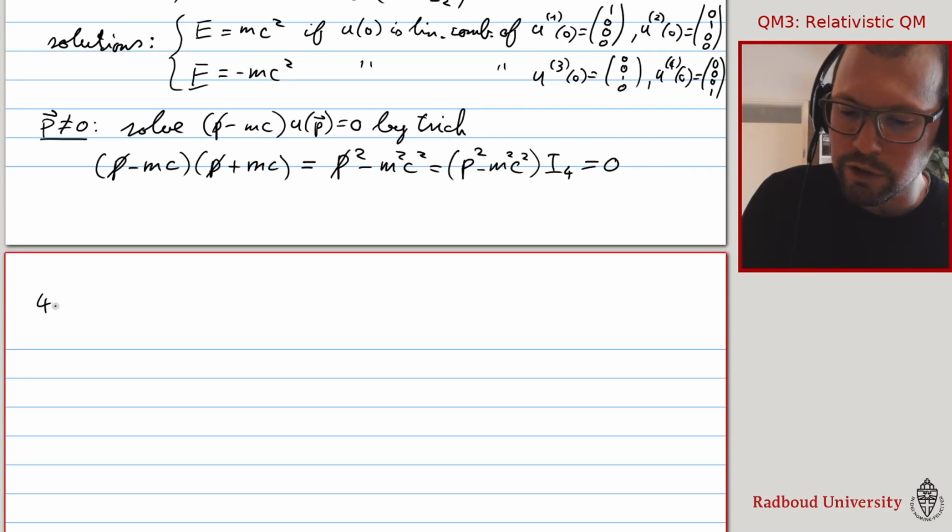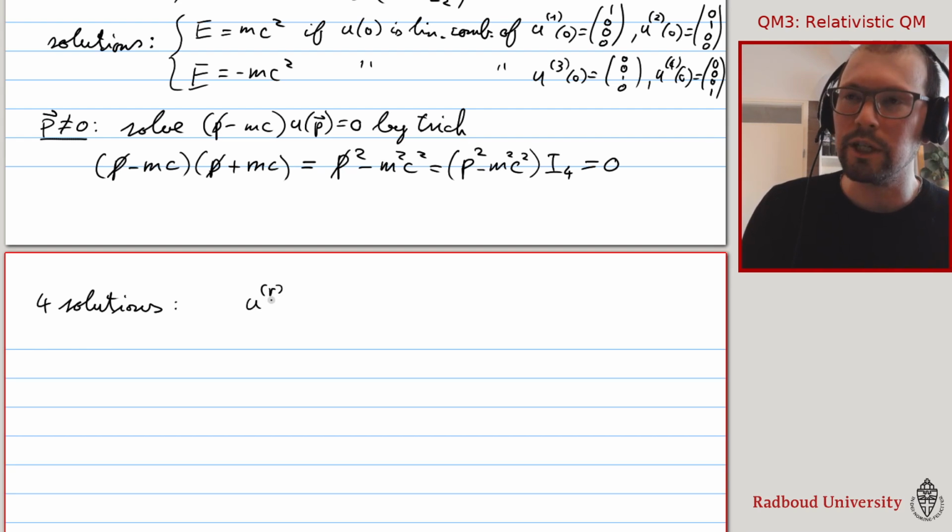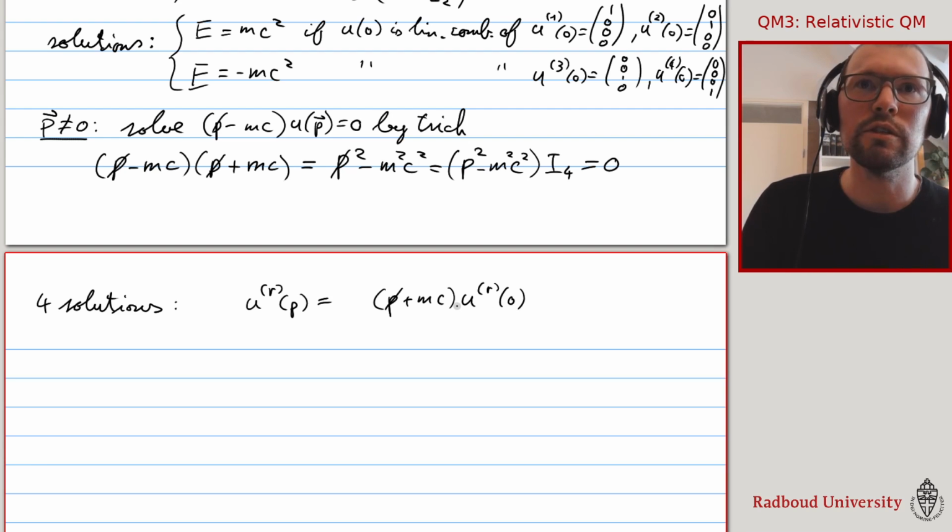So we find 4 solutions again. Let's denote them by the index r, which runs from 1 to 4. They're given by acting with this matrix on the zero momentum polarizations, if you like.